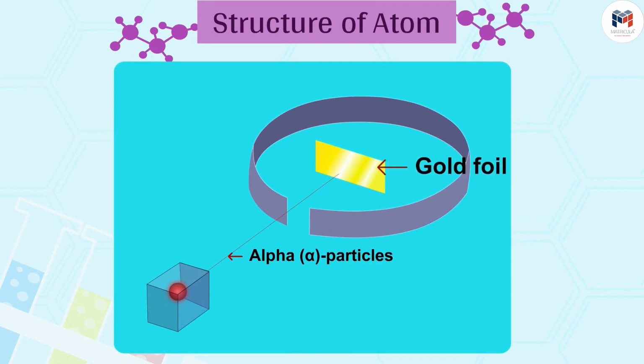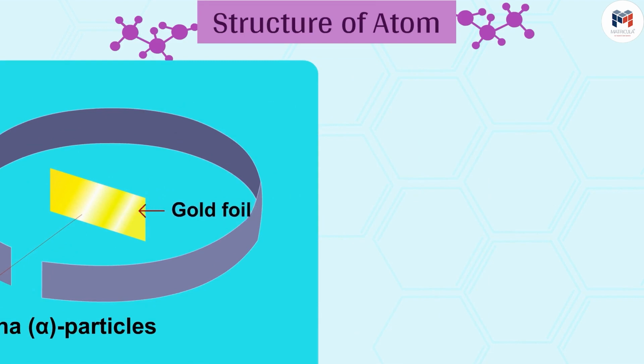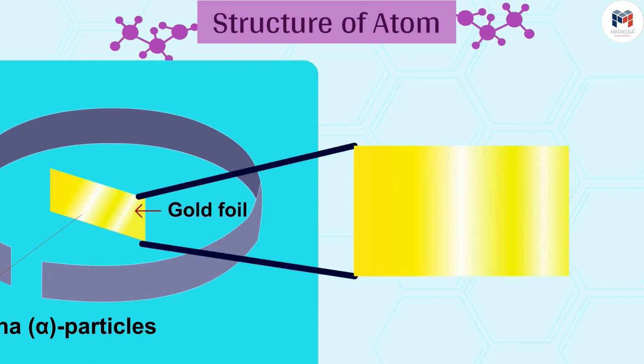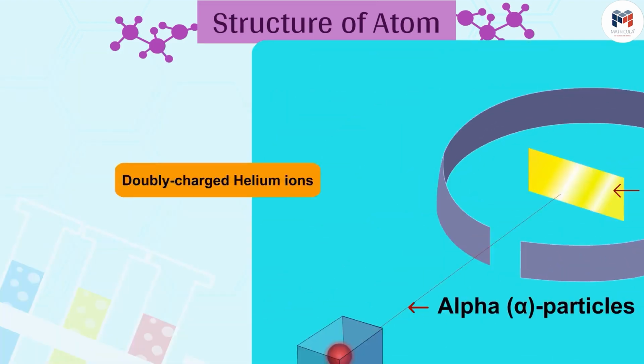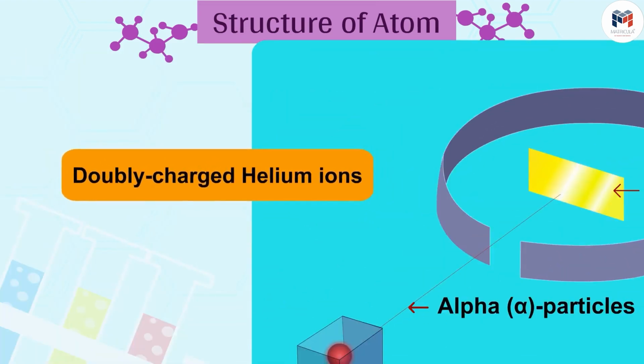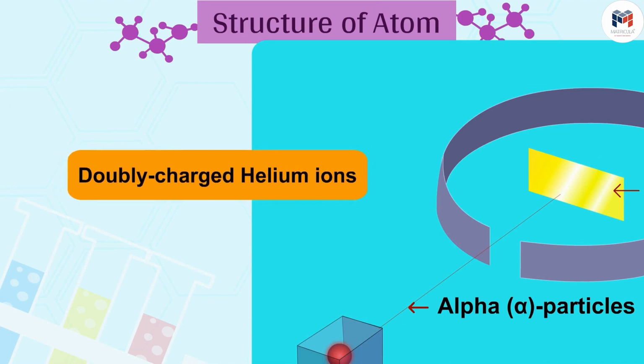1. He selected a gold foil because he wanted as thin a layer as possible. This gold foil was about 1000 atoms thick. 2. Alpha particles are doubly charged helium ions, and they are positively charged.